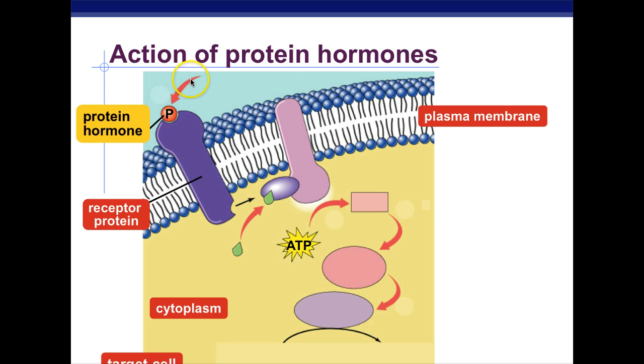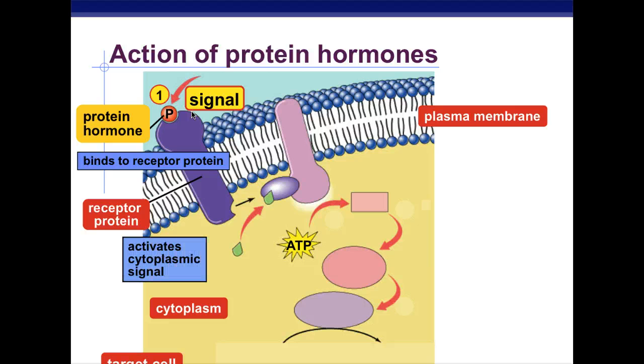So this would have come from somewhere else in the body, and now this protein hormone has attached itself to a receptor. And so that is our first step, which is signaling or reception of a signal. So the signaling molecule binds to the receptor, and then it's going to activate cytoplasmic signals. It's going to actually activate a series of proteins within the cytoplasm.